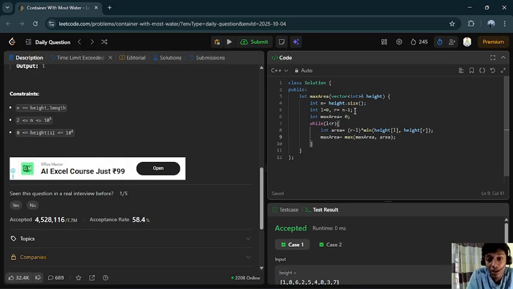Okay, and what are we going to do if height of L is less than height of R? L plus plus, else R minus minus. Yeah, and return max area. That's it.